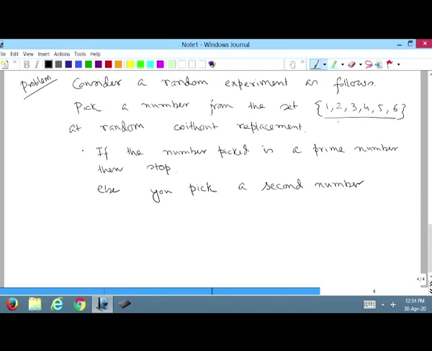That means, again you are picking from the set of which one element has already gone. Therefore, from the rest of the 5 numbers you pick a second number.